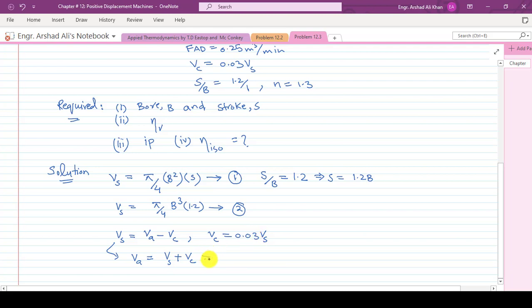So VA will become equal to VS plus 0.03 VS. So VA will become equal to 1.03 into Vs.